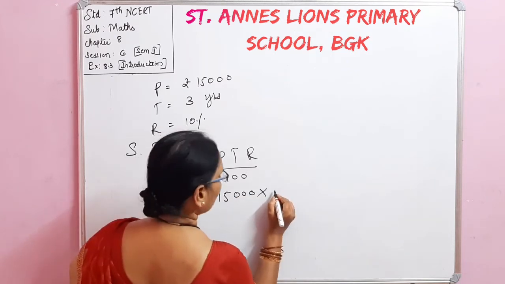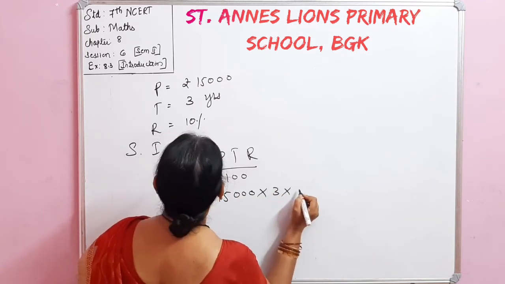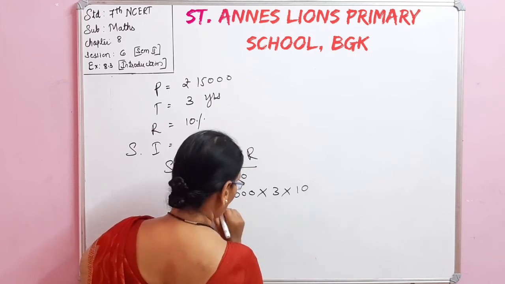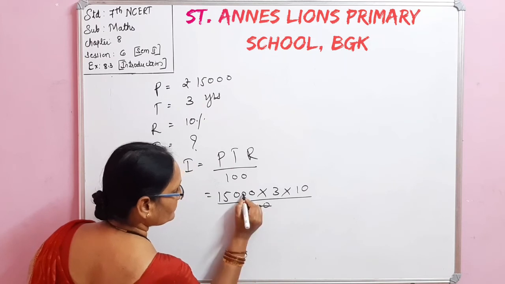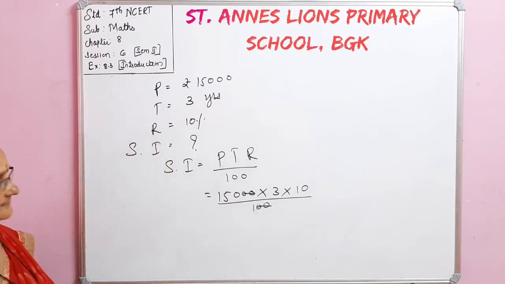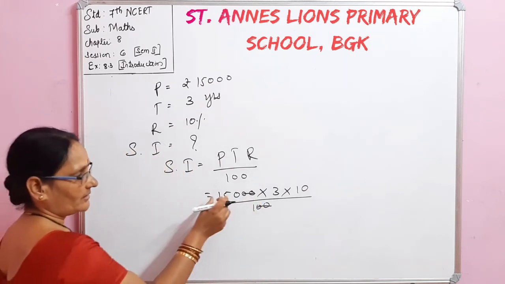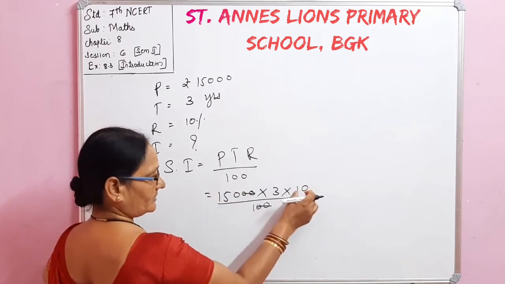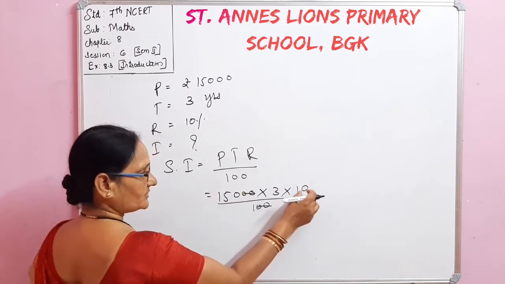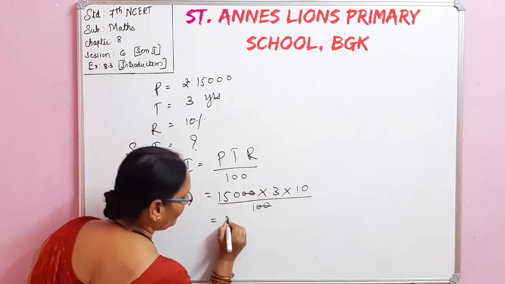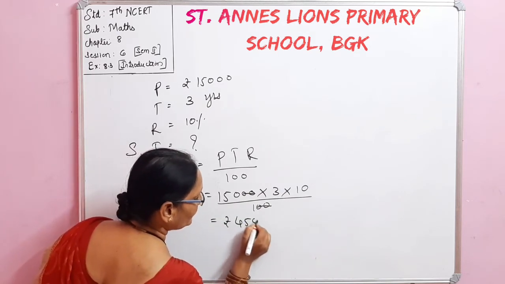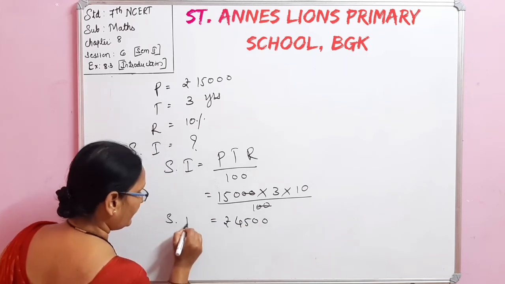Time is 3 years. Rate of interest is 10%, divided by 100. See now, 0, 0 got cancelled. Okay. 150 tens are 1,500. 1,500 into 3: 15, 3 is 45. 4,500 rupees is the simple interest.